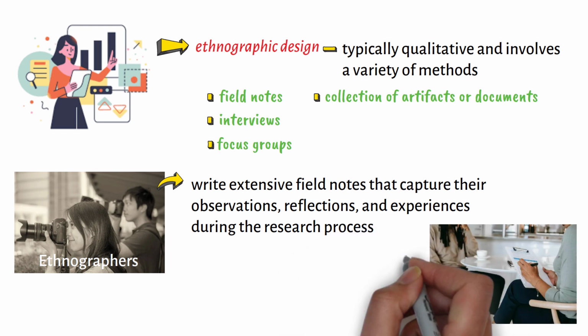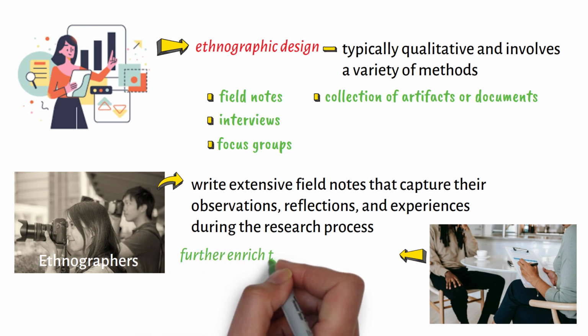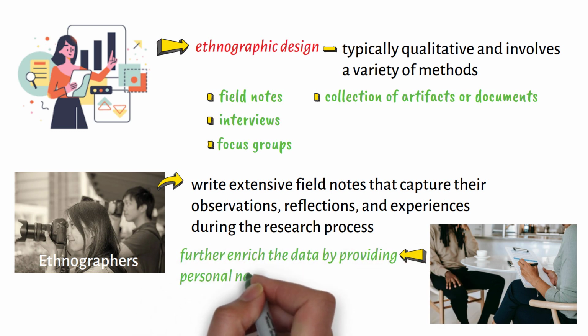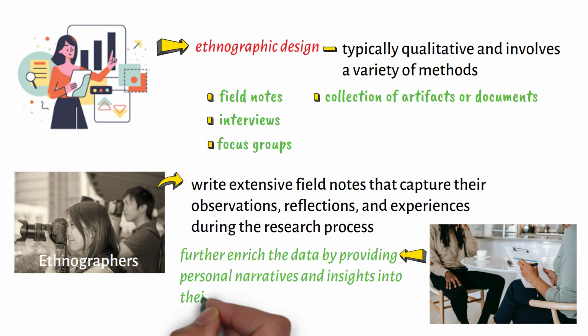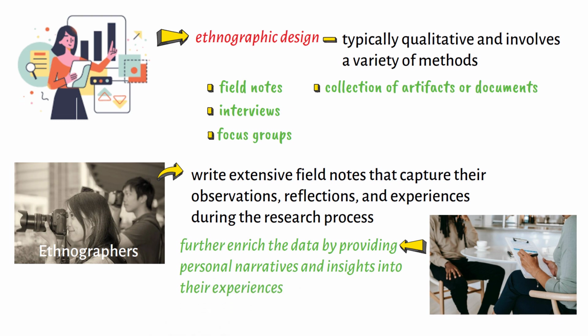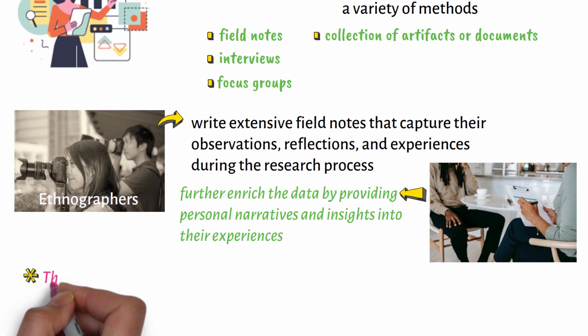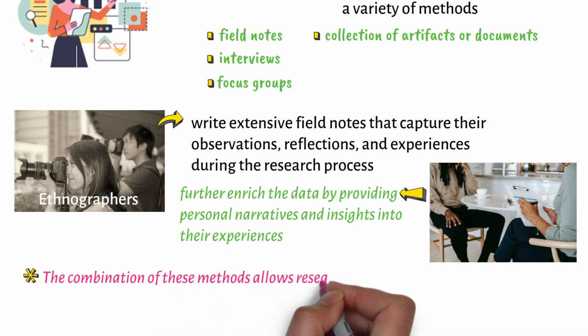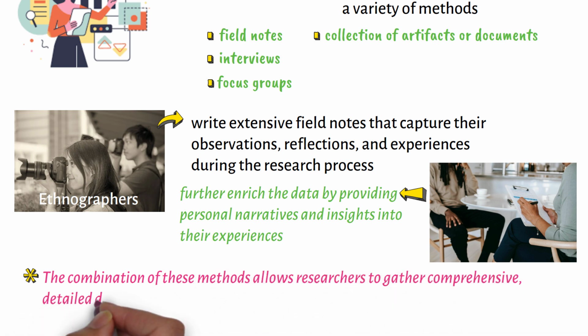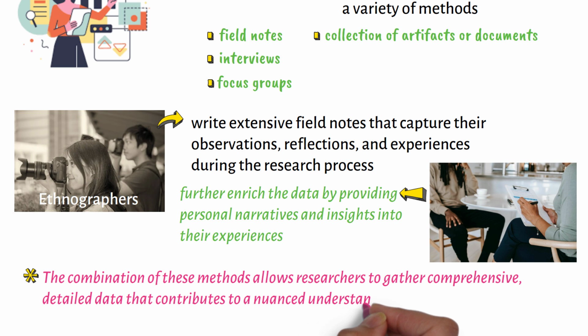In-depth interviews with participants further enrich the data by providing personal narratives and insights into their experiences. The combination of these methods allows researchers to gather comprehensive, detailed data that contributes to a nuanced understanding of the study population.